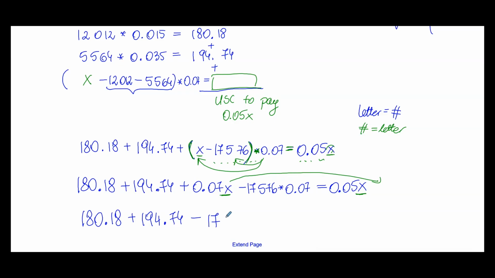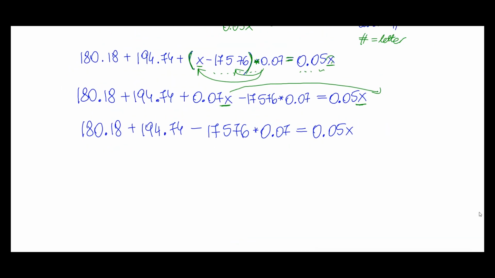I'm just going to write them out for you like that so that you can see how the numbers move around in any equation. This side of the equation, I have 0.05x, and now I'm moving that to the other side. What happens when I'm moving a number from one side of the equation to the other side? It changes the sign to the opposite. So a positive will become a negative.